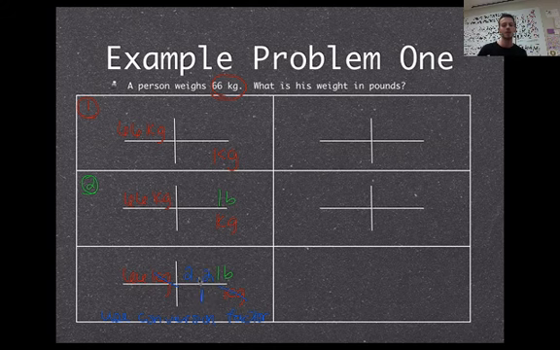So I have 1 kilogram and 2.2 pounds. I'm going to move up here, and I have 2.2, and I have 1, and 66. Sorry, I didn't want to put this all filled in previously, because then that would look even more confusing.